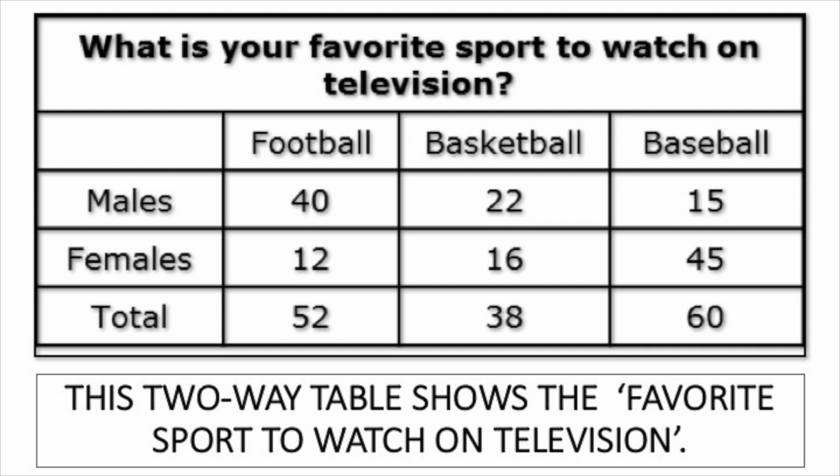What are the sports, guys? Football, basketball, and baseball, okay? But there's 2 different categories of people. Males, which is boys and men. Females, which is girls and women. And you can see how the totals are at the bottom.